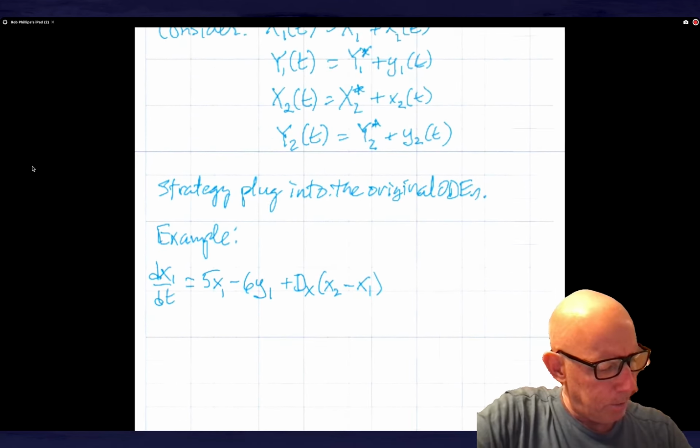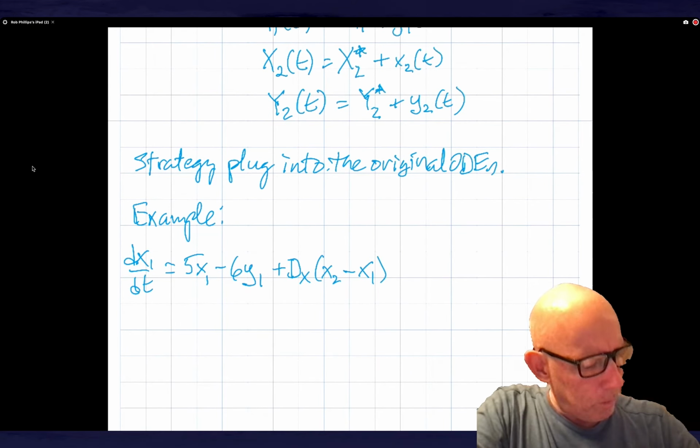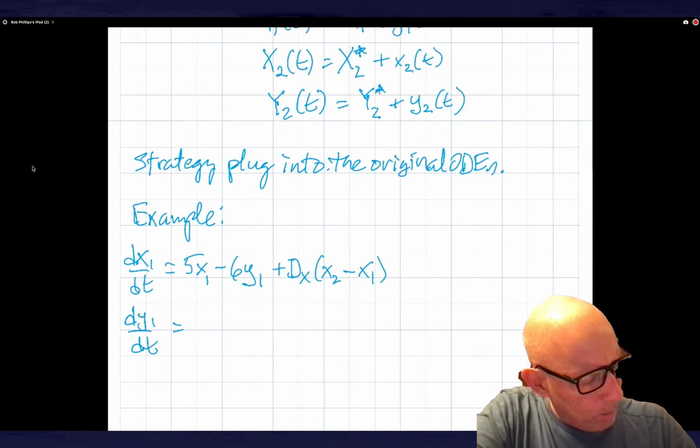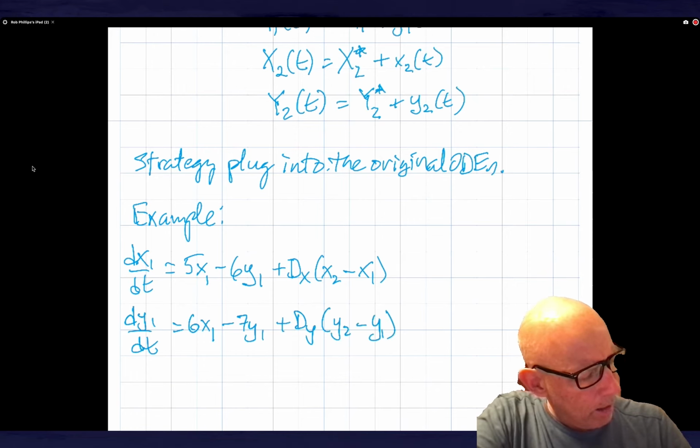So I suppose we can just write the others by inspection. So dy1 by dt is equal to 6x1 minus 7y1, and then plus dy times y2 minus y1.